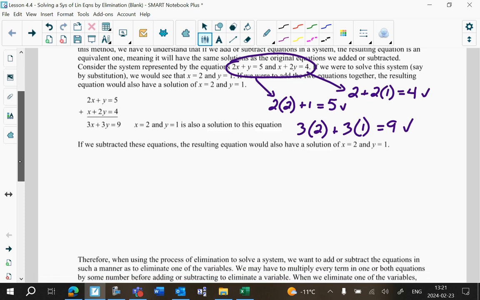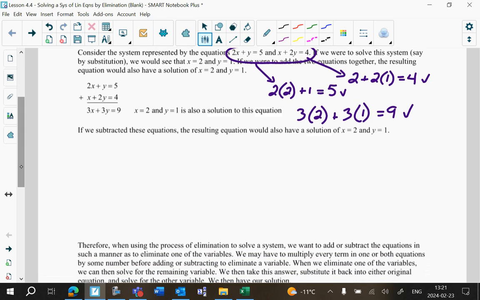It actually works the same way with subtraction. If we took the two equations, lined up the x's, lined up the y's, lined up the equal signs, lined up the numbers on the right, and subtracted them, and remember, we're going to have to subtract everything.